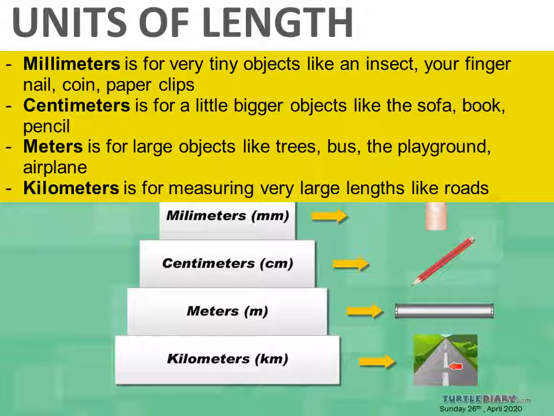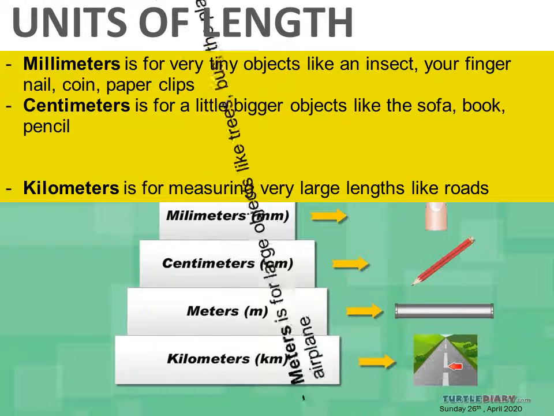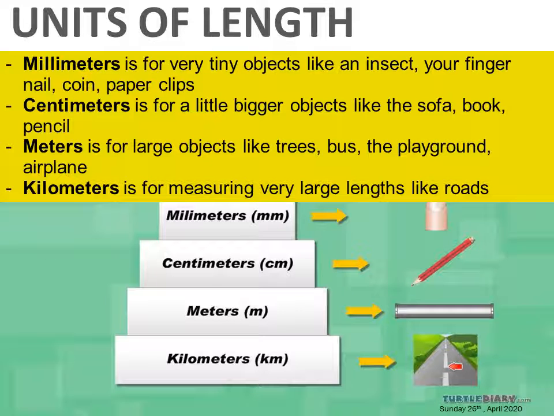What about meters? Meters is for large objects, your daddy's car, bus, the playground, and so on. Then finally, kilometers is for measuring roads and distance. So the distance between your house and Corniche, we measure in kilometers. The distance between your house and Katara, we measure in kilometers.